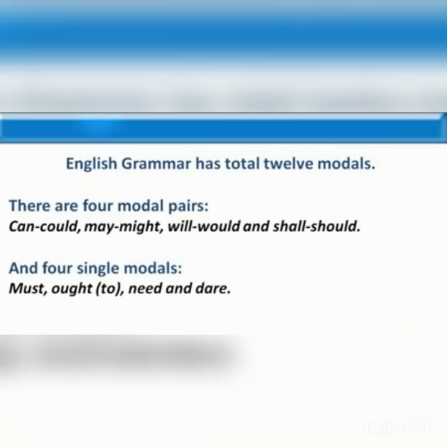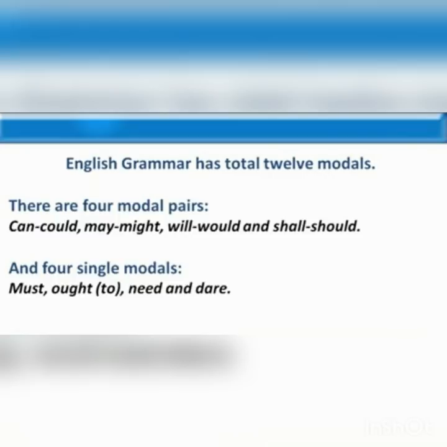English grammar has a total of 12 modals, that is, modal auxiliary verbs. Out of this, there are 4 modal pairs. You can see can, could, may, might, will, would and shall, should. These are the 4 modal pairs, and 4 single modals are there.